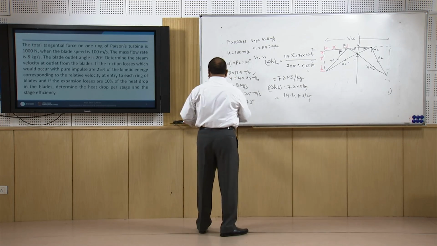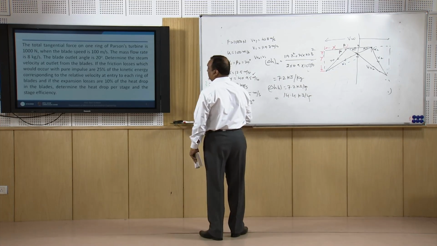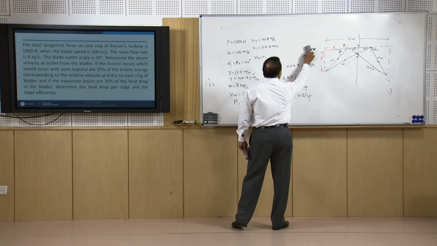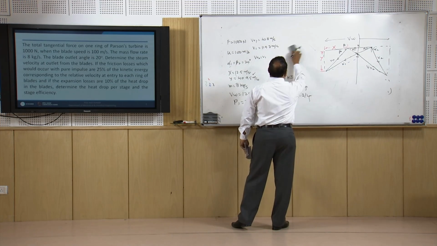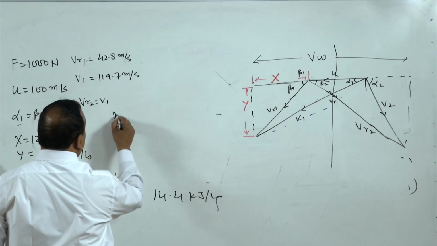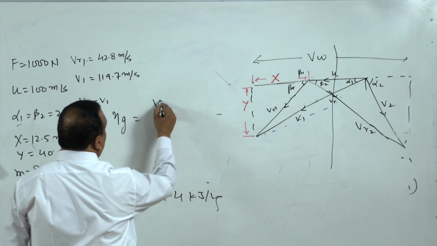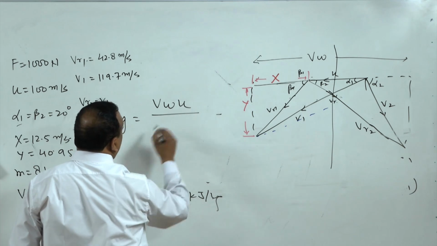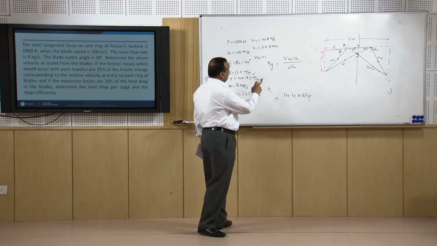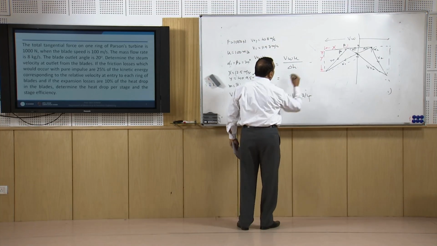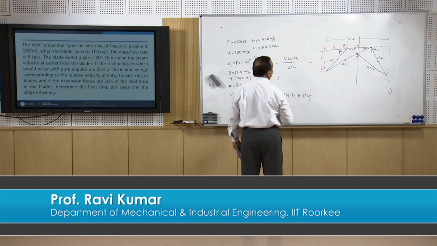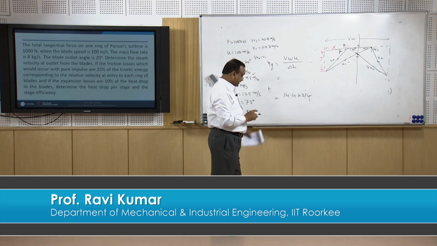Now, we have to find the stage efficiency. Stage efficiency is output divided by enthalpy drop, which is VW times U divided by delta H in the stage. VW is the whirl component, and U is the blade velocity.